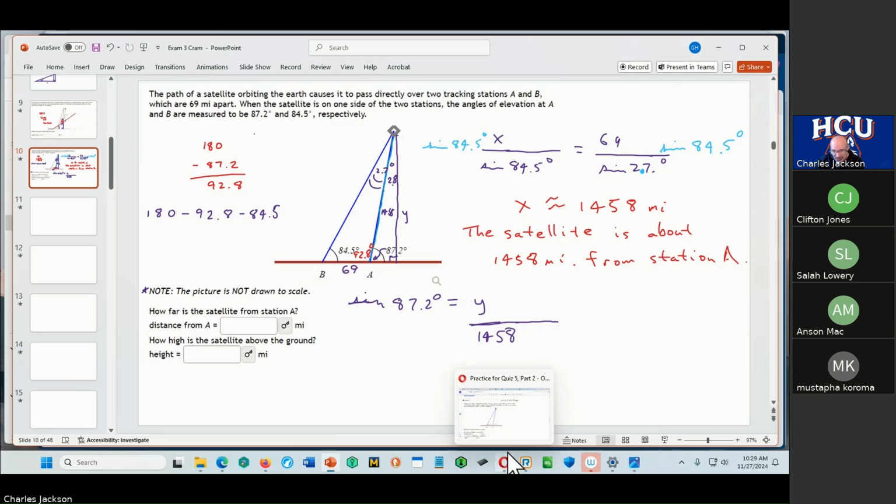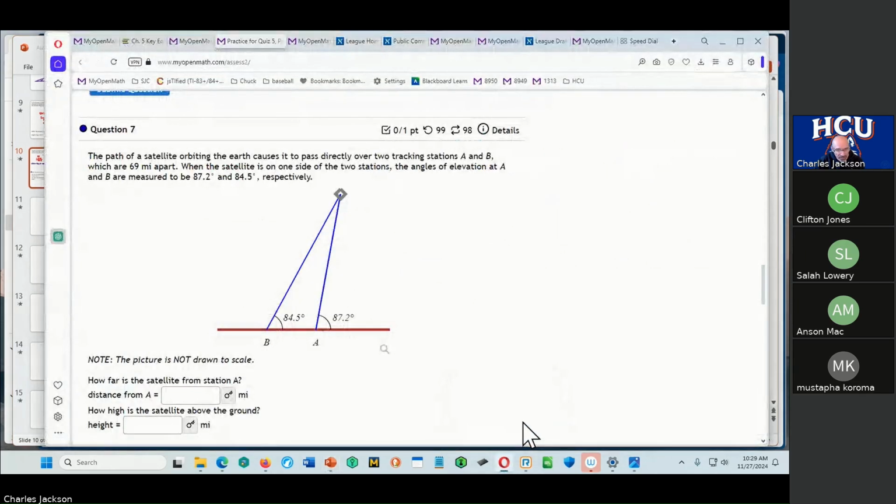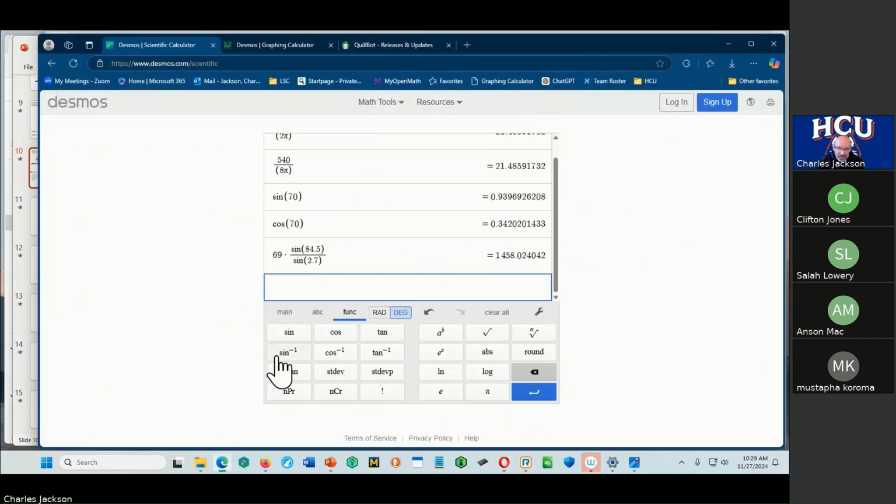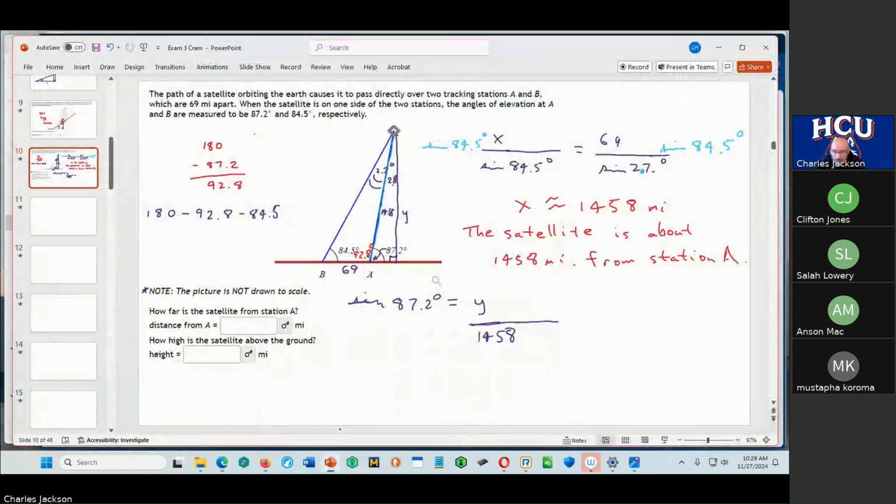But because of the way the final is likely to be graded by someone else, we will keep all of the accuracy that we can, because we don't want to be off because we rounded too much. 0.024042. Okay, and then you can finish that.